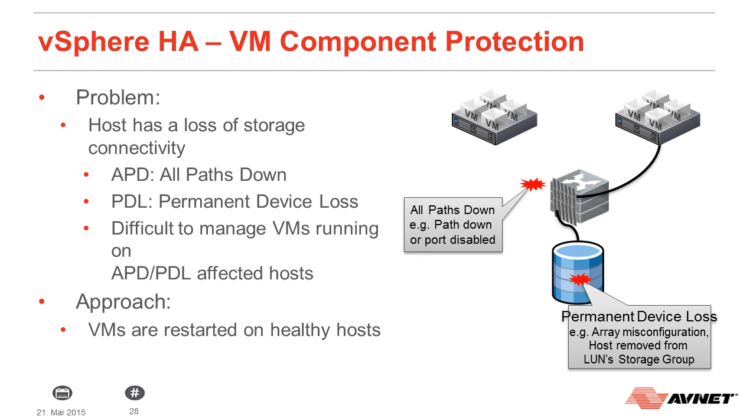If we have a host that has a path failure, maybe the host is still up and running but not able to see the storage array, we can now restart those VMs on healthy hosts, working around the storage path failure that was impacting the previous host for that particular VM. So just another enhancement, another piece of HA that gets a little enhanced functionality.